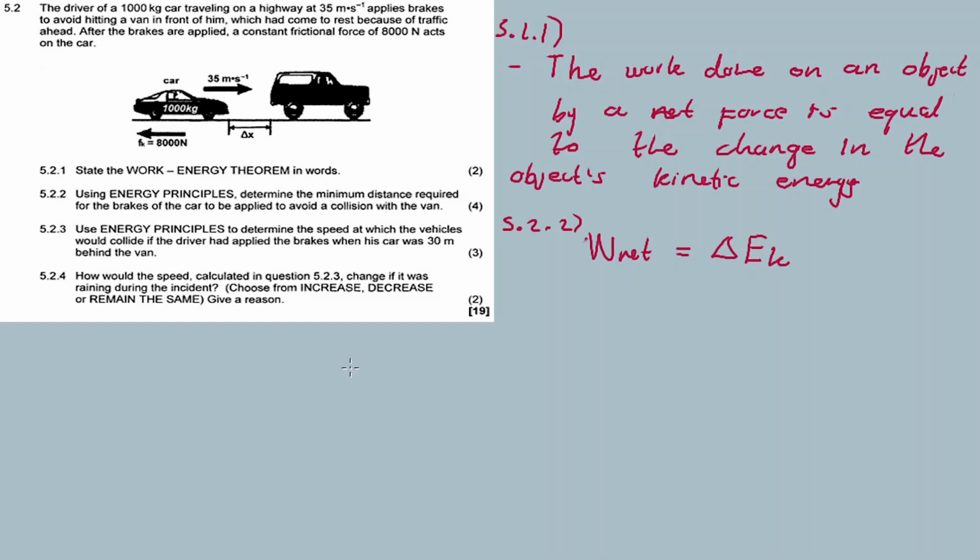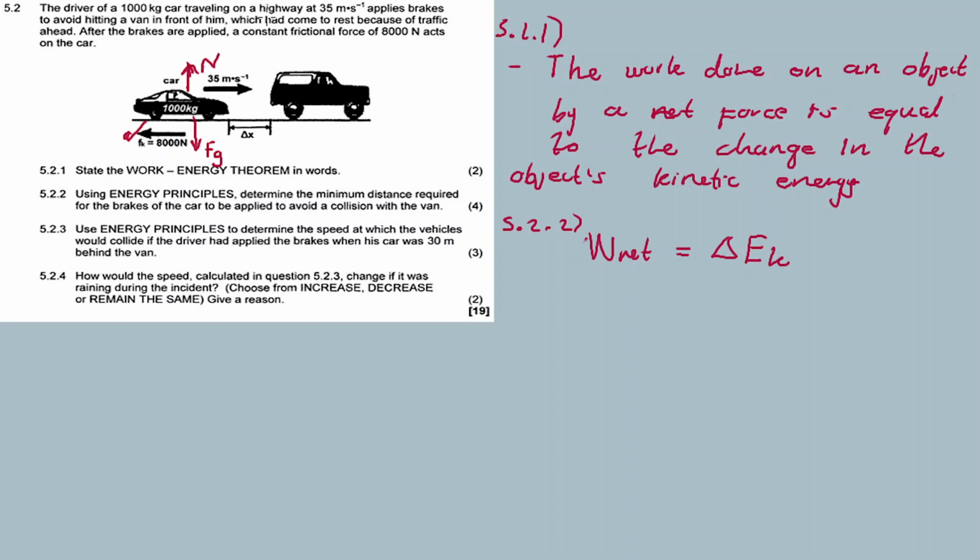They want the minimum distance required for the brakes of the car to be applied to avoid a collision with the van. Now check this out. The final velocity must be 0. So the net work: how many forces do we have? We have the frictional force, the gravitational force, Fg, and the normal force.